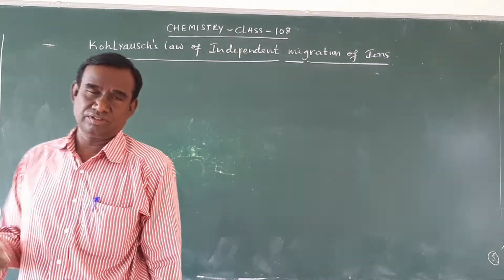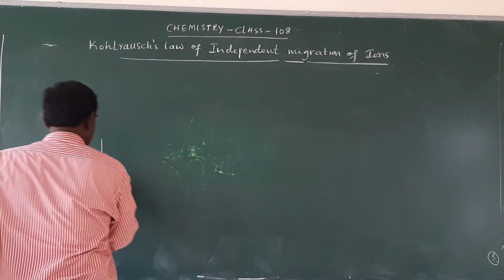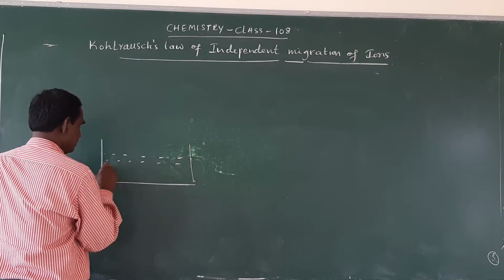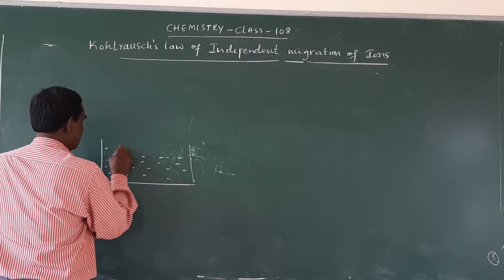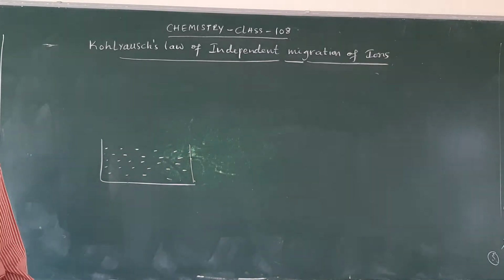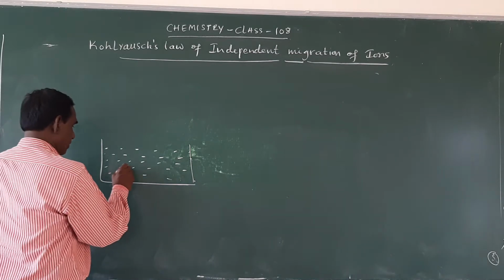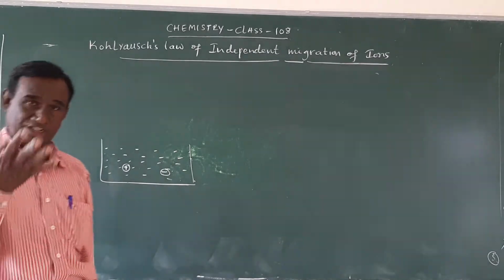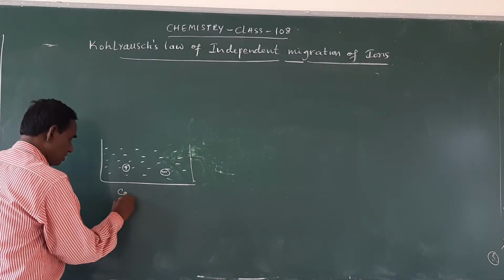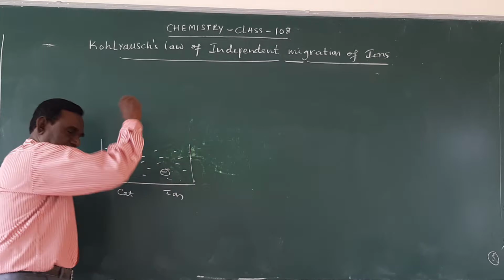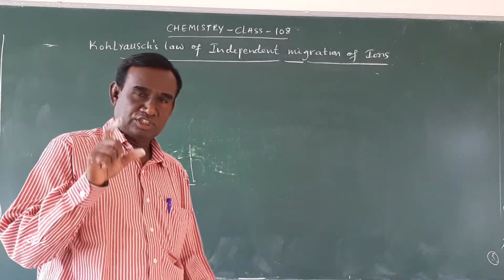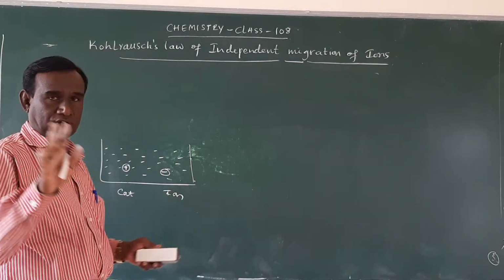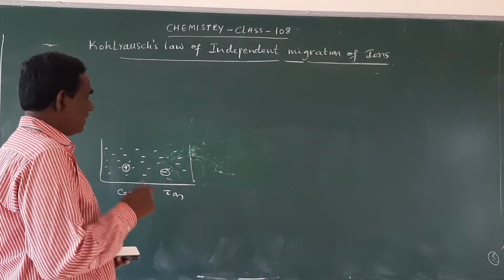An electrolyte solution contains positively charged ions, cations, as well as negatively charged ions, anions.